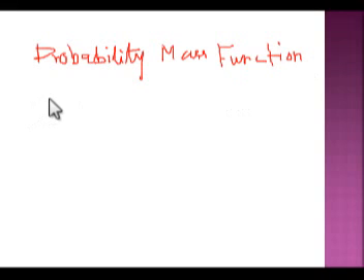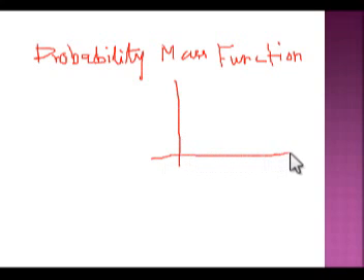Probability mass function is a kind of function which takes values of variables. Variables can take values, and depending on the values, the probability mass function arises on a plane. Such a diagram can be structured in this way.